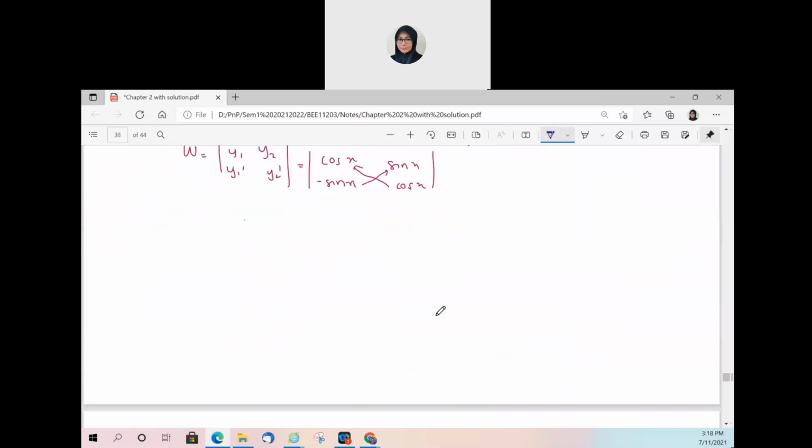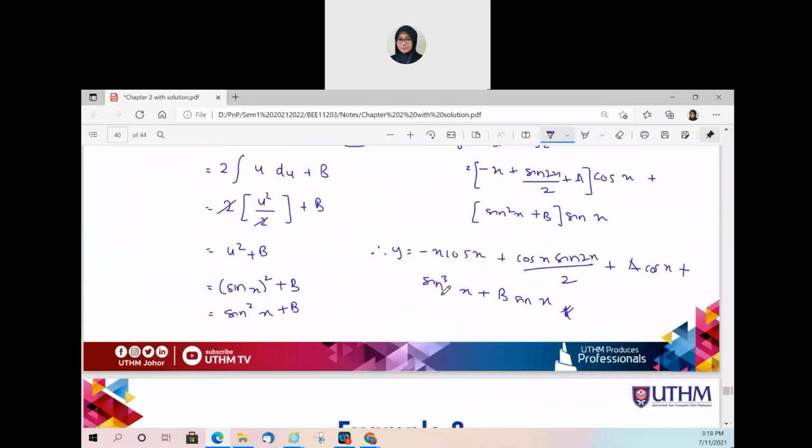Okay, so right now our solution is this one, but the question wants the solution in the form y equals a cos x plus b sin x minus x cos x. So you have to modify this equation using trigonometry.